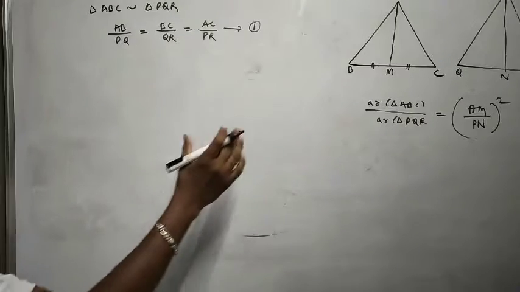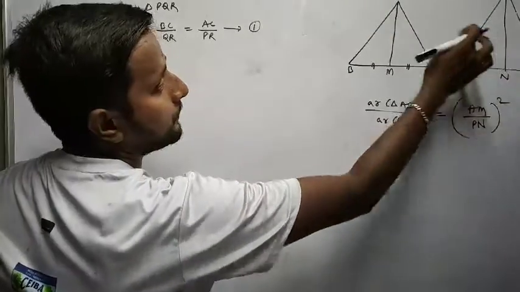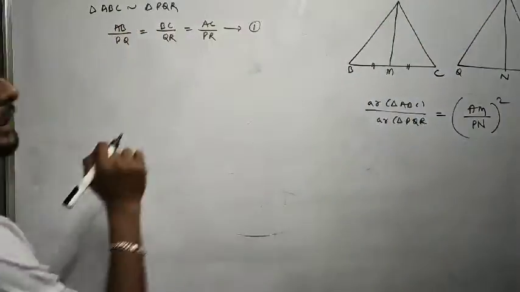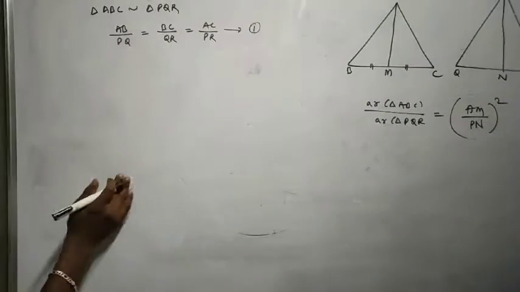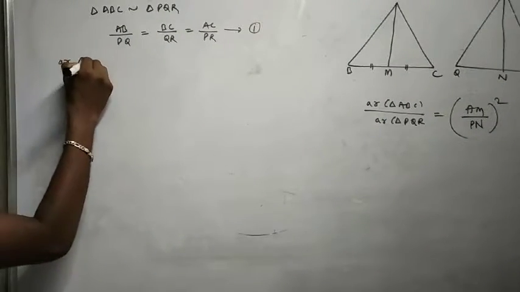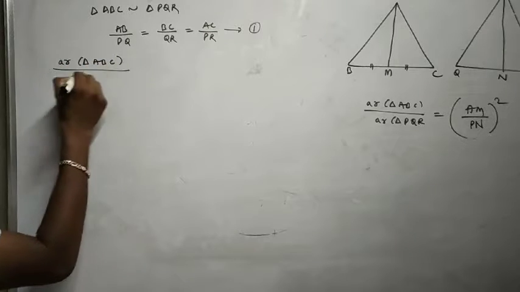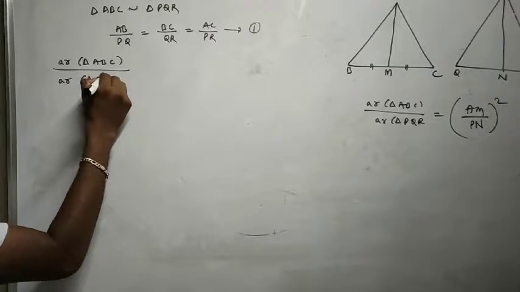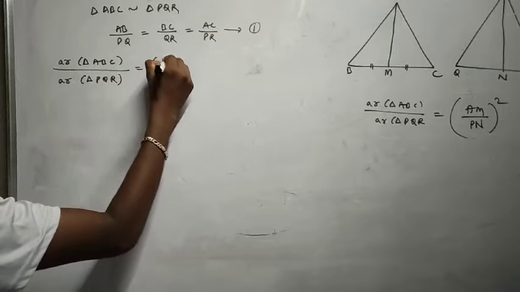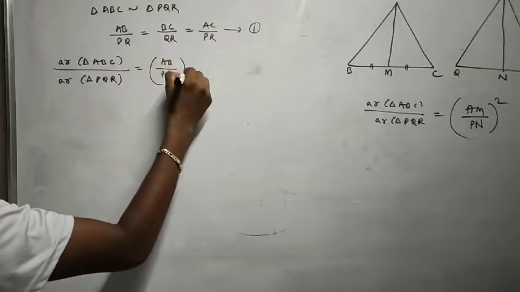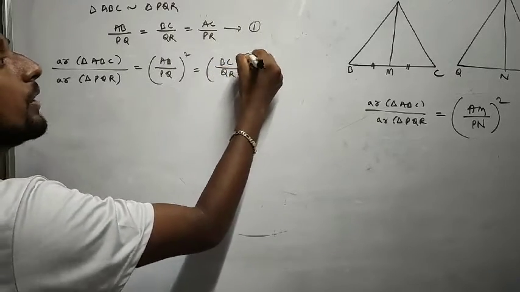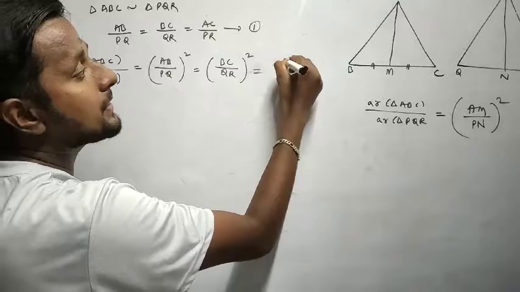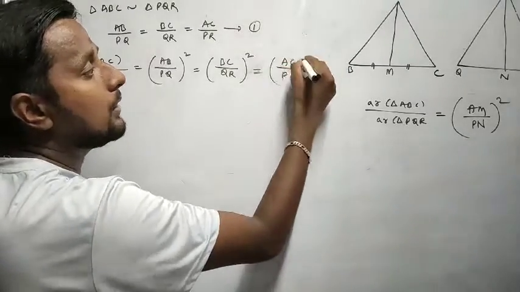Now we'll talk about these two triangles. From our knowledge, the areas of both triangles, we'll write the ratio as the square of AB by PQ whole square, BC by QR whole square, AC by PR whole square.